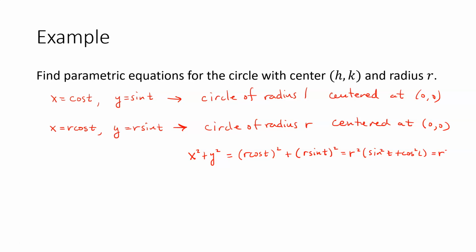So it's just r squared times 1. So these two equations are going to give us the Cartesian equation x squared plus y squared equals r squared, which we know, of course, is a circle of radius r.